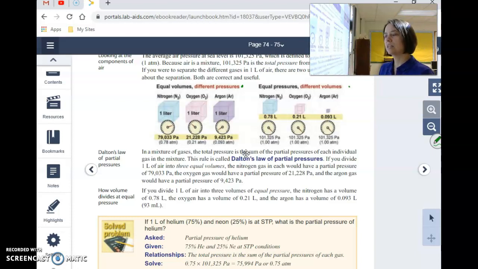So it'll be less than 1 atm, it'll be 0.78 atm. And if that oxygen expands to fill that whole liter, there's less of it, so it's going to have less pressure, 0.21. And then if you give that little bit of argon a whole liter to expand, it will have very low pressure, 0.01 atm roughly.